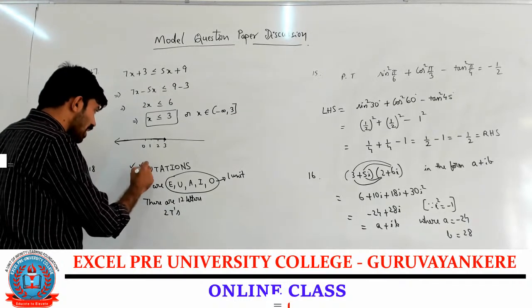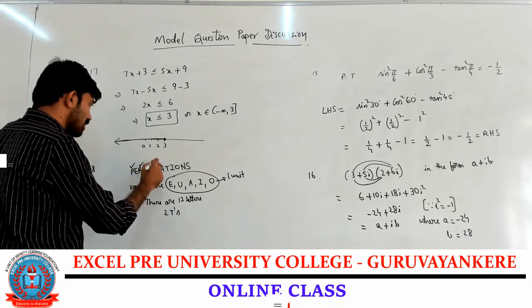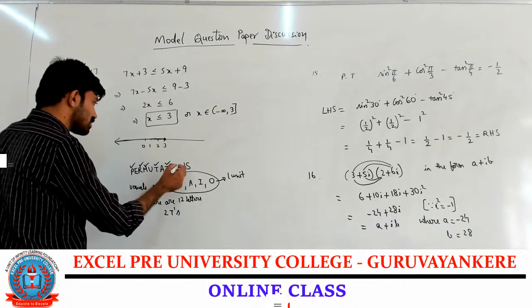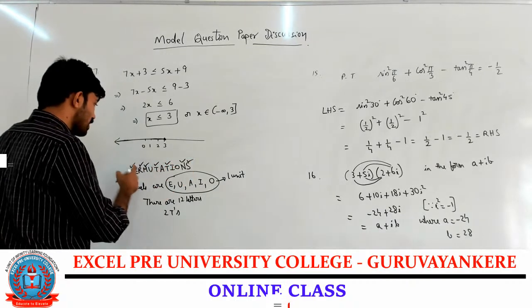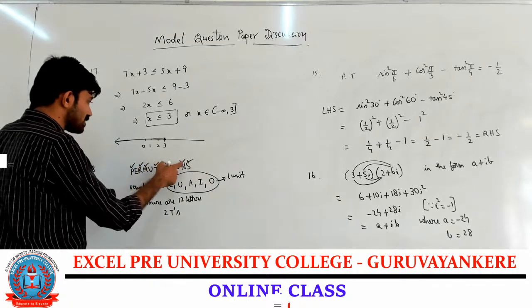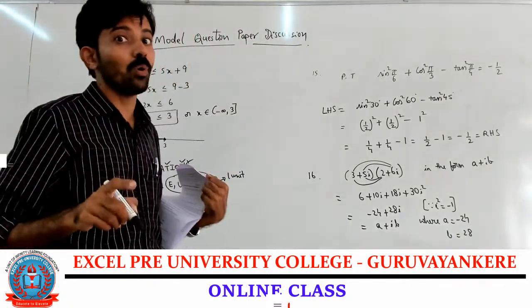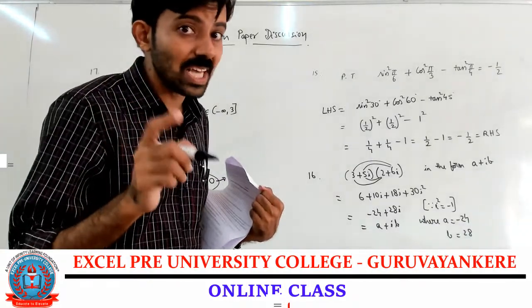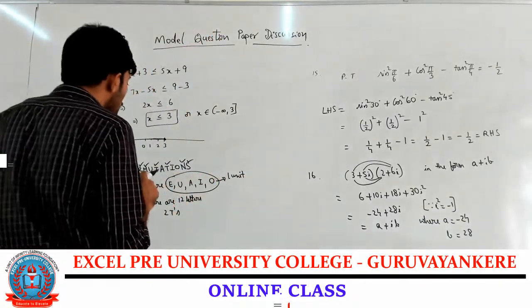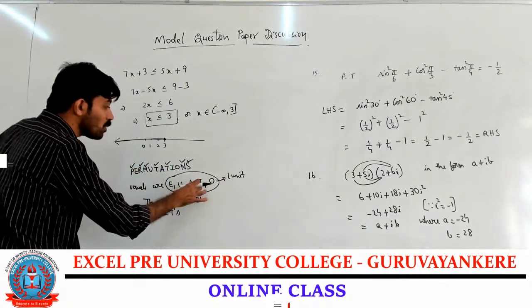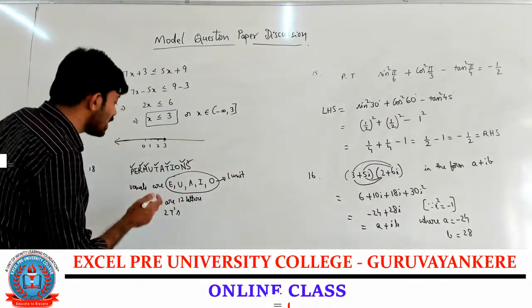P, R, M, T, T, N, S: 1, 2, 3, 4, 5, 6, 7. Letters other than vowels are called consonants. Out of those 7 letters there are 2 T's. So those 7 letters and these 5 vowels together as 1 unit: 7 plus 1, 8 units.